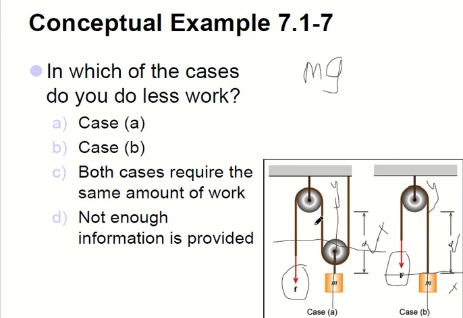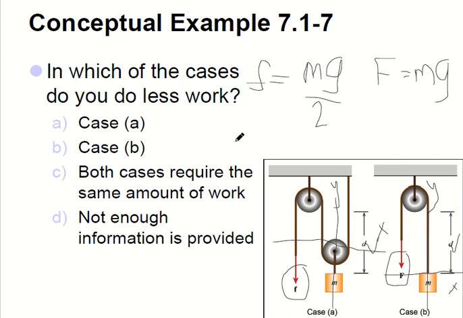So for the two pulley system, your force is lifting only half each, here half and here half, so mg divided by 2. In your single pulley system, you are lifting the whole thing with one single pulley, so therefore you're lifting the whole weight of mg.